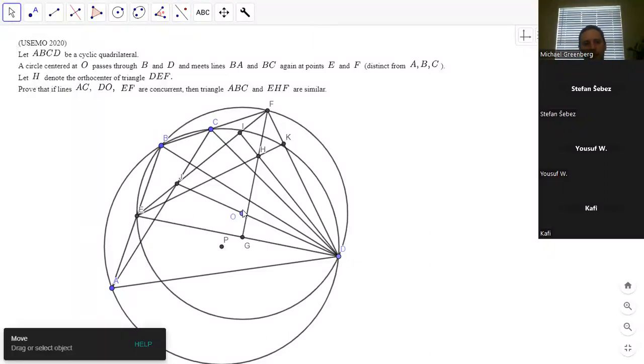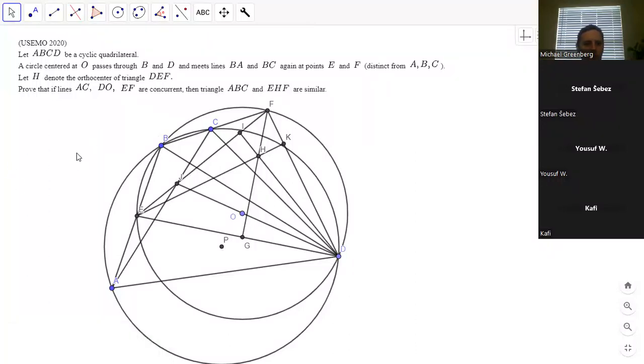No, they can't be, because one has radius OB and the other has radius BP. So if ABC and EHF are similar, then that would mean the circumcircles of EBF and EHF would have the same size.